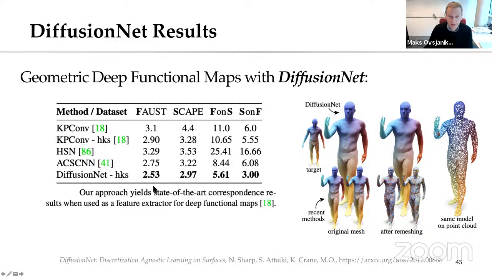Because the feature is rotation invariant, and the diffusion blocks are themselves rotation invariant, this entire thing is fully rotation invariant, but it's trained with a supervised loss, and this achieves better results than any other method that we tested against in this setting.